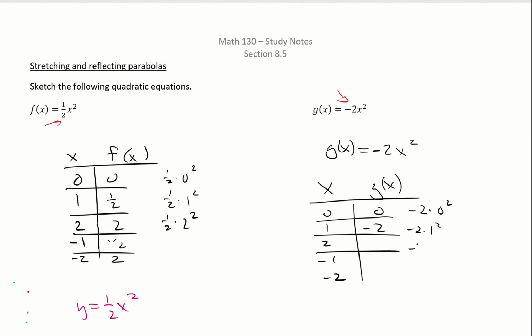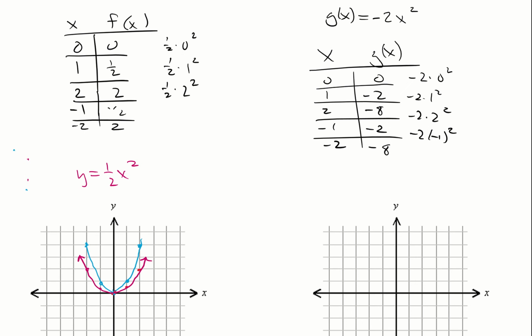Look at 2: -2 times 2 squared, -2 times 4 is actually -8. And -2 times -1 squared, you get the same thing, -2, and -2 gives -8, to cut to the chase.